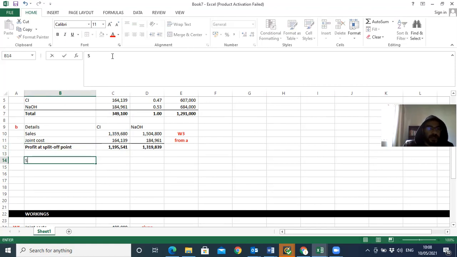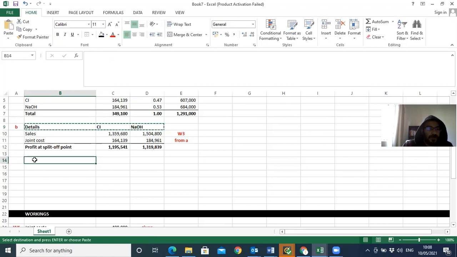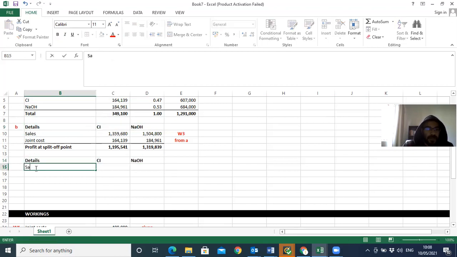So we're going to have sales, joint costs, further processing, and then profit after further processing.